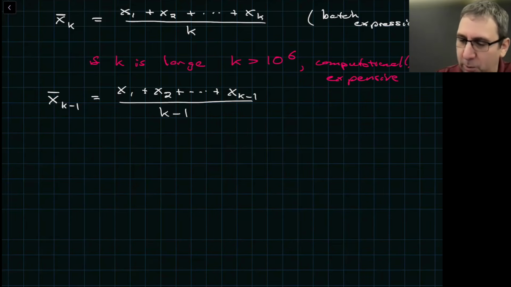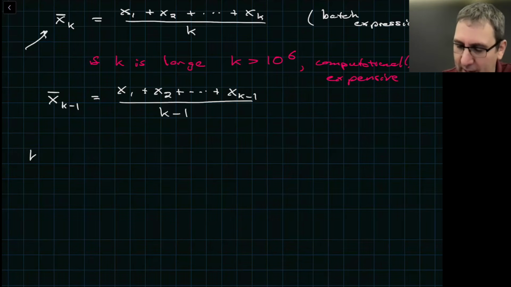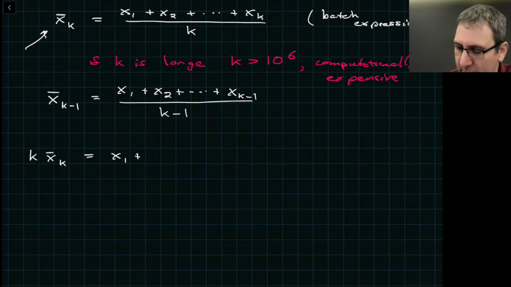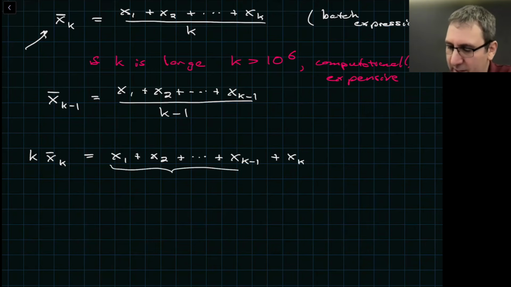Now, going back to the expression up here, if we multiply both sides by k, we'll have k x bar k equals x1 plus x2 plus dot dot dot plus xk minus 1 plus xk. Well, we could write this in a similar way.